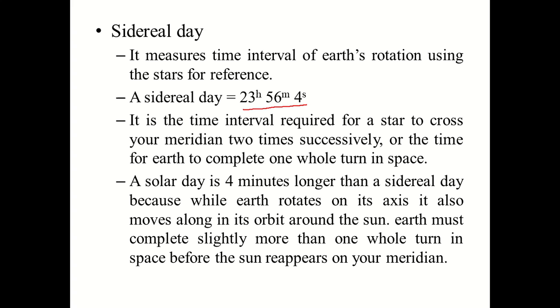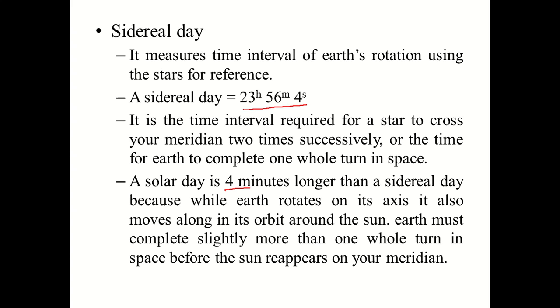That means a solar day is exactly 3 minutes and 56 seconds, or about 4 minutes, longer than a sidereal day, because while Earth rotates on its axis, it also moves along in its orbit around the sun. So Earth must complete slightly more than one whole turn in space before the sun reappears on your meridian.